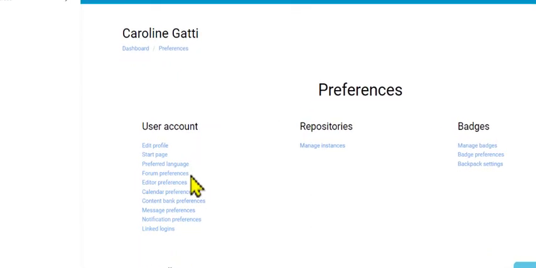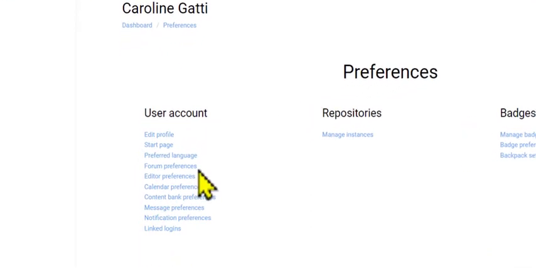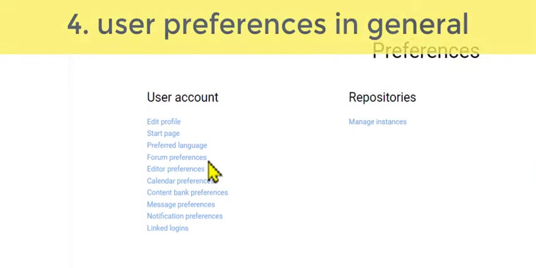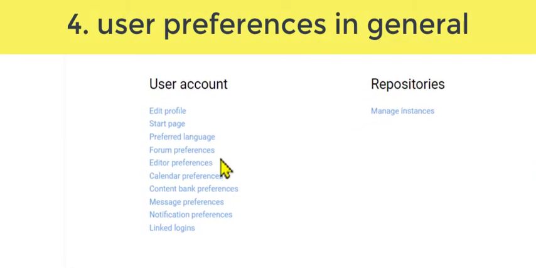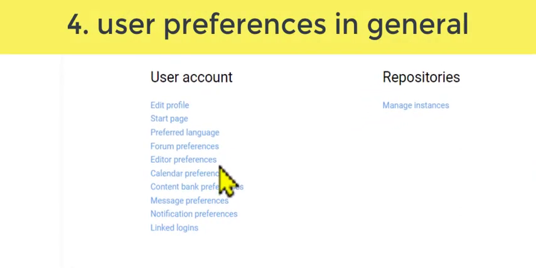Now, that's not the only aspect of your Moodle course that you can impose your own personal taste on. There's the option of preferred language and profile editing and calendar preferences and so on and so forth. Obviously, if we covered all of these items individually, this video would last a couple of hours. What we're going to very quickly take a look at is the second last one, notification preferences.